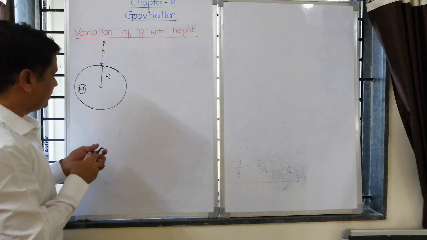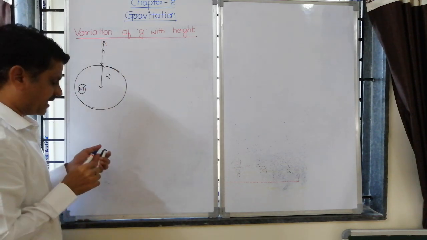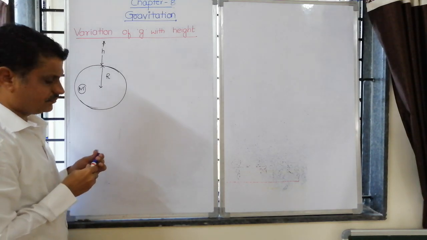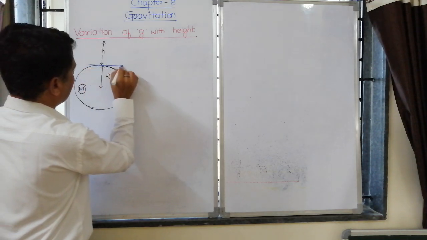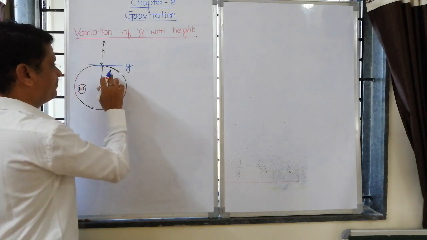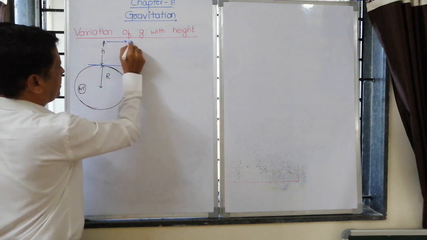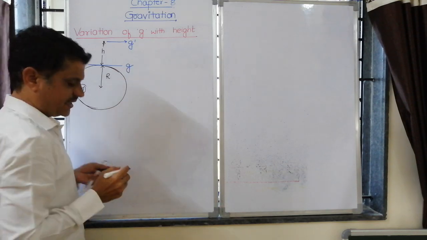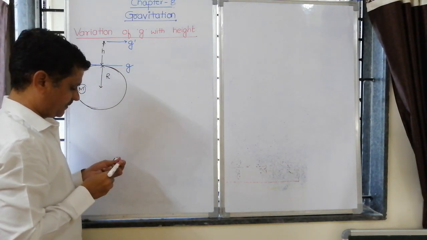Today we have to calculate acceleration due to gravity at this height h. Let g be the acceleration due to gravity on the surface of the earth and g dash is the acceleration due to gravity at a height h.